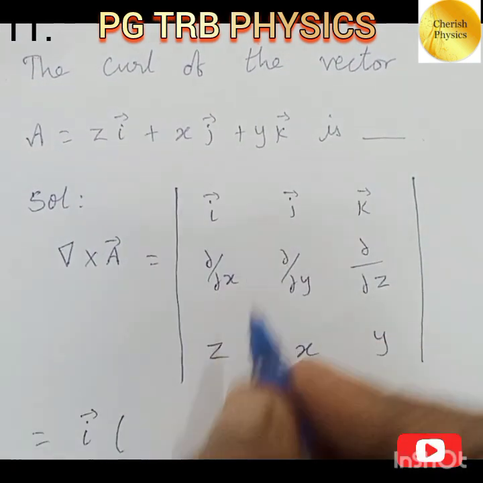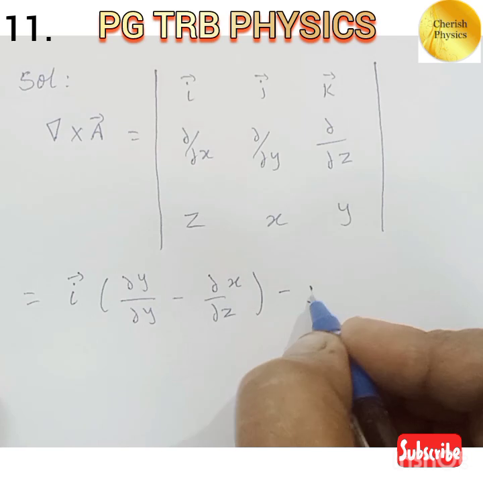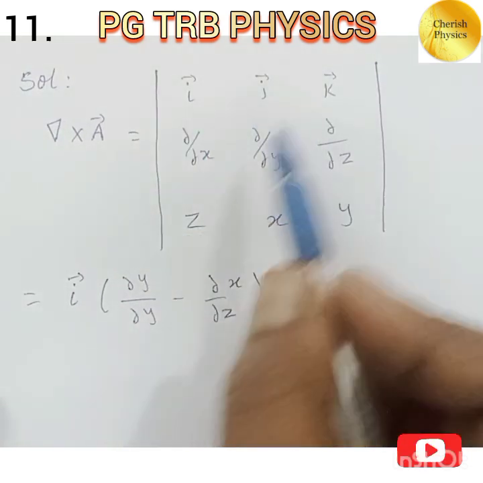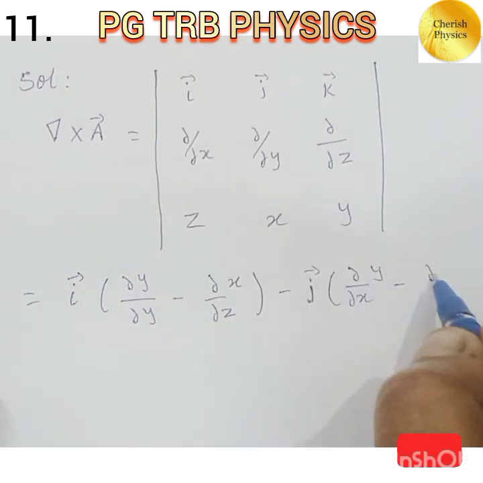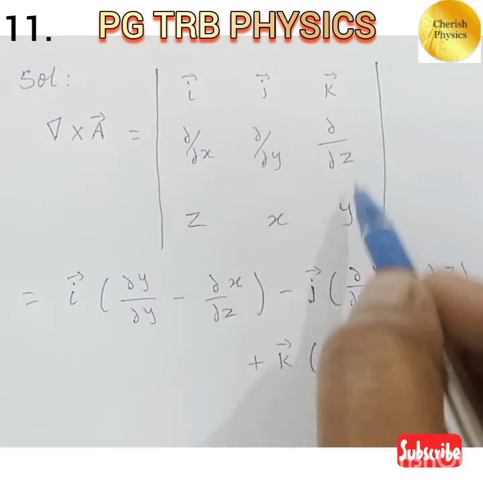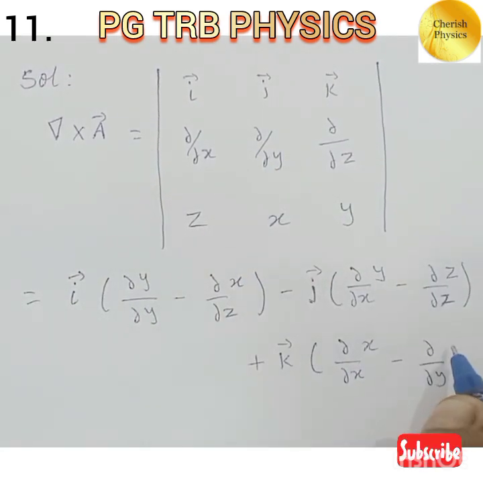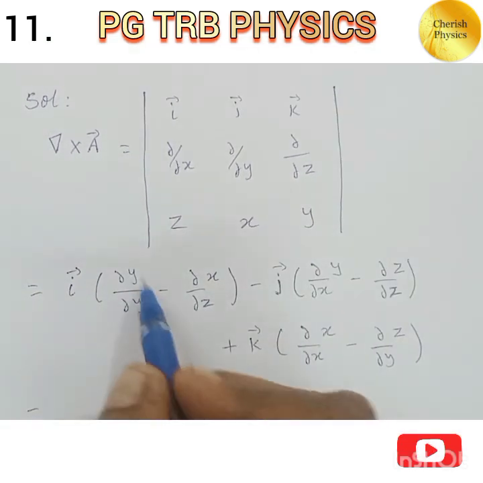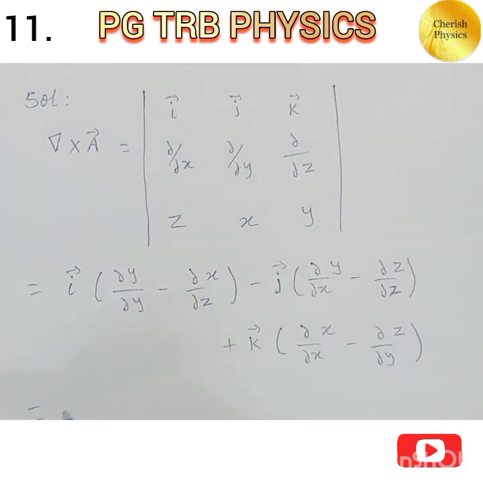which is equal to i into dou y by dou y minus dou x by dou z minus j into dou y by dou x minus dou z by dou z plus k into dou x by dou x minus dou z by dou y, which is equal to i vector into dou y by dou y is 1 and dou x by dou z is 0.